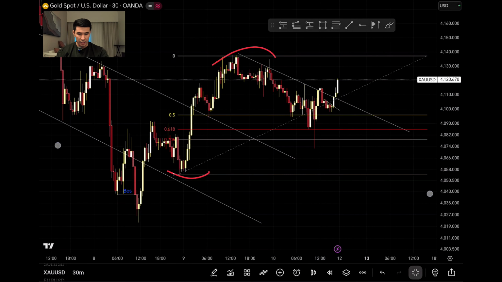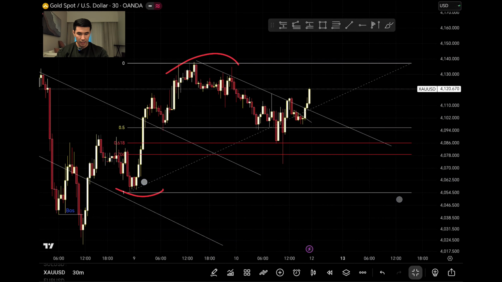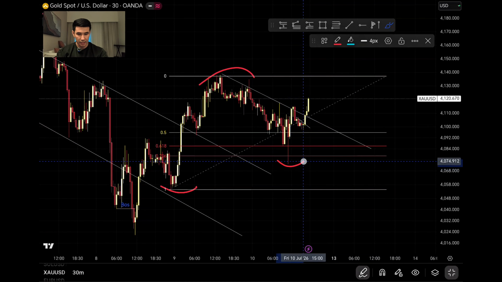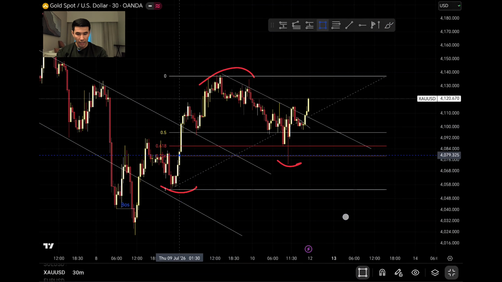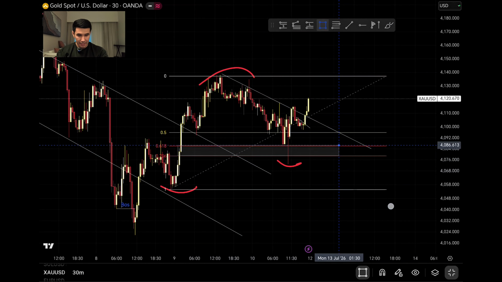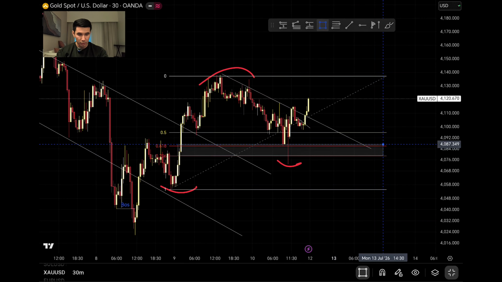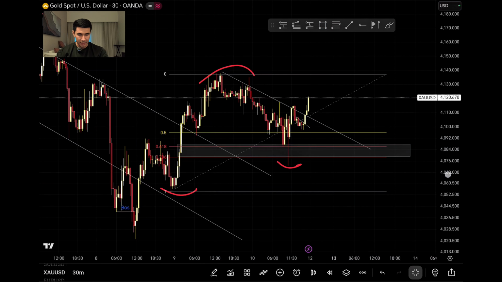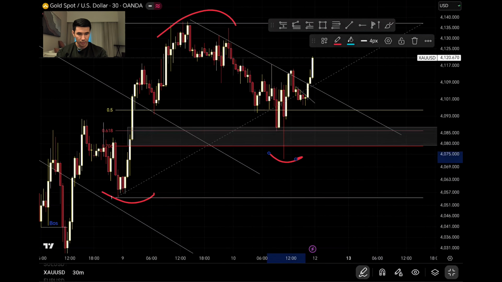So here it almost broke this Fibonacci golden zone, but it didn't. Why? Because the candle is closing above this golden zone. You see, it's just a wick, so it's not confirmed.